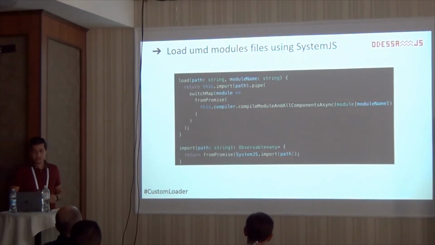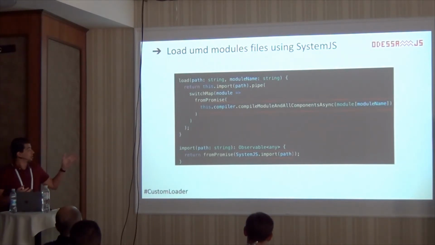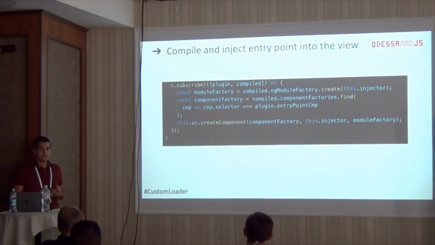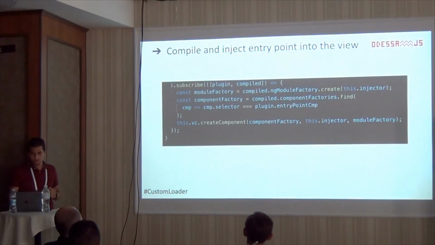And after that, when you get your module, you have to call the Angular compiler, which is embedded in the main application, and this Angular compiler will compile the lazy loaded module, create an instance of your entry point, and inject it into the view using the dynamic view child mechanism.